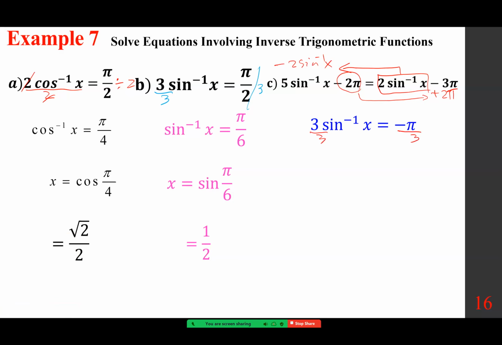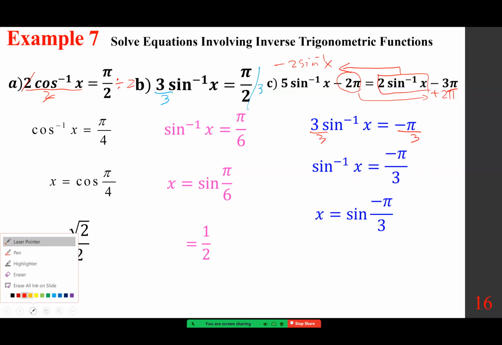Divide by 3. Sine inverse of x is minus pi over 3. Therefore, sine of negative pi over 3 and x must be the same. So x is sine of minus pi over 3. And this is the same as minus sine of pi over 3.